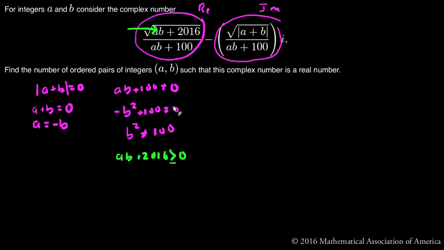If it is negative, then we'll get an imaginary number here, and there's something that'll work, but those are very few cases, and we'll deal with that next. So a is negative b, so this is negative b squared plus 2016 is greater than or equal to 0, and that means b squared has to be less than or equal to 2016.